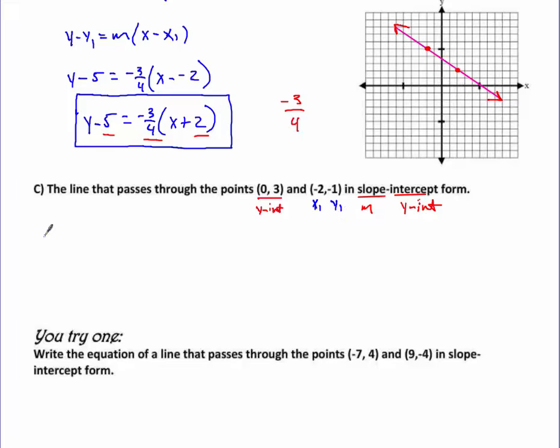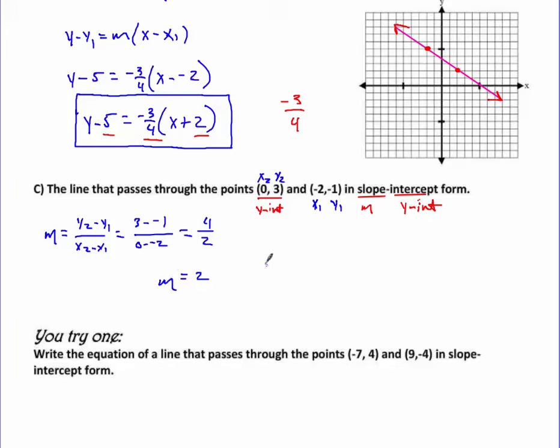So this is like an x1 and a y1 from our point slope form. But that's not exactly what we want to do here. What we need to do first is find the slope, which we know is y2 minus y1 over x2 minus x1. So if this is x1 and y1, then this over here is x2 and y2. So we're going to do 3 minus -1 over 0 minus -2, which is going to give us 4 over 2, which is just 2 for our slope.